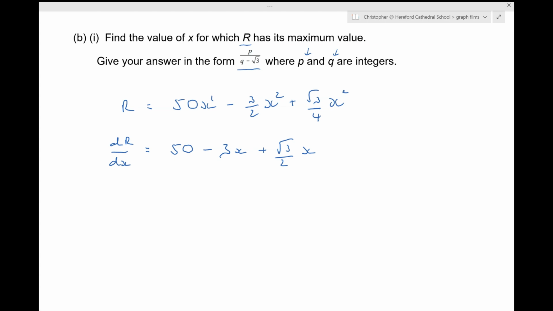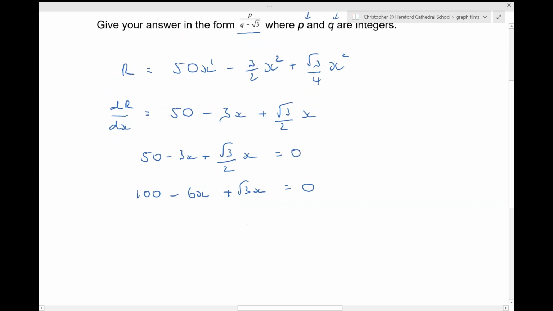So that is my differential there, and I'm going to find the value of x which makes that a maximum, by setting this differential equal to 0 and finding the value of x which makes the differential equal to 0. Let's multiply everything by 2. 100 minus 6x plus root 3x equals 0.